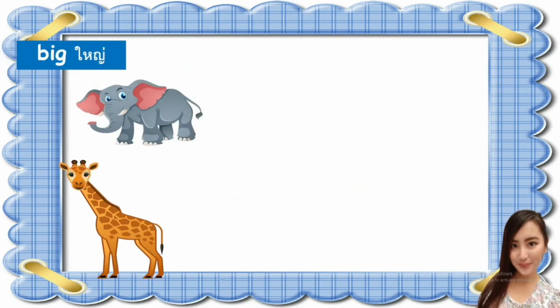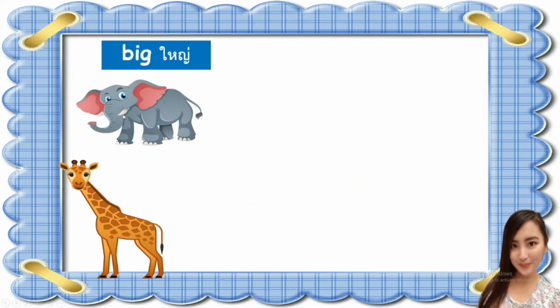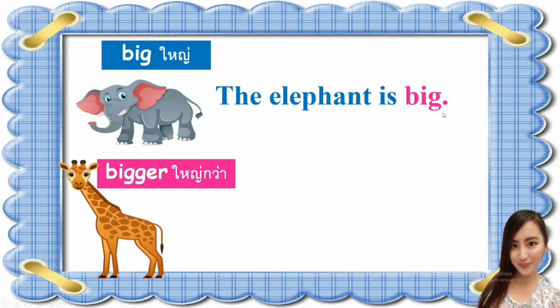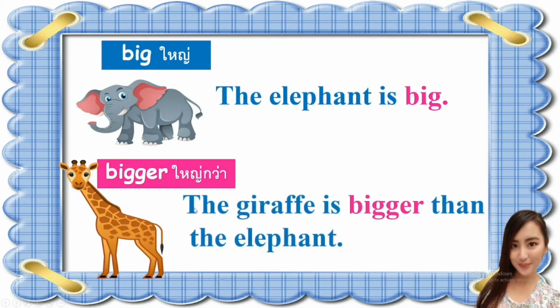Another example. We have elephant and giraffe. The adjective is big. Everybody say, the elephant is big. And we have bigger. The giraffe is bigger than the elephant.